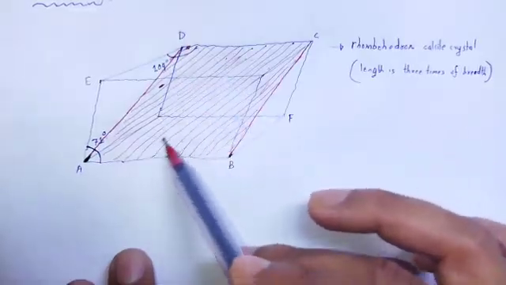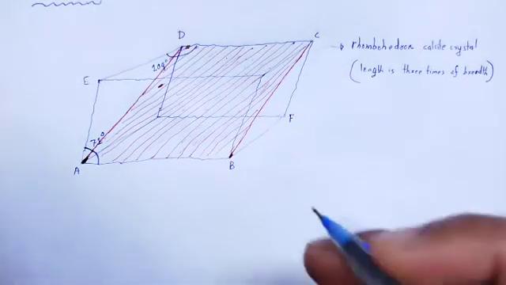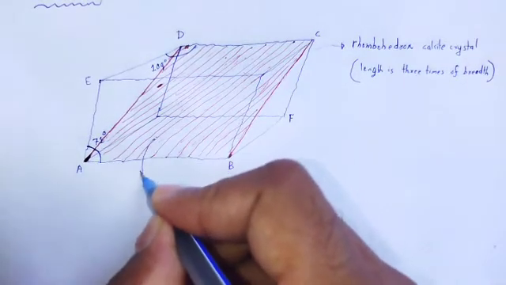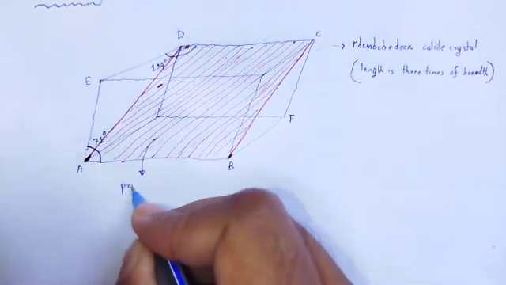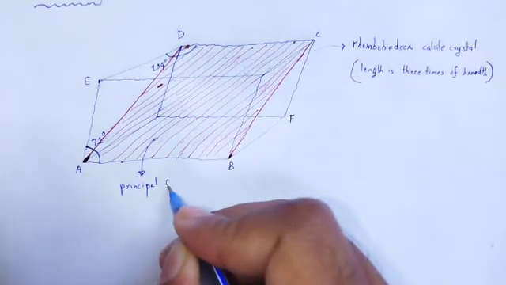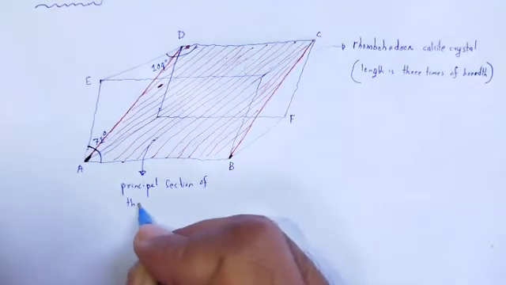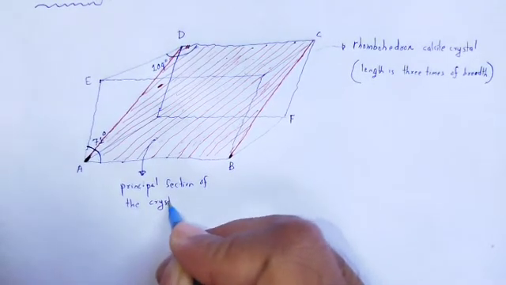That red shaded region is the principal section of the crystal.